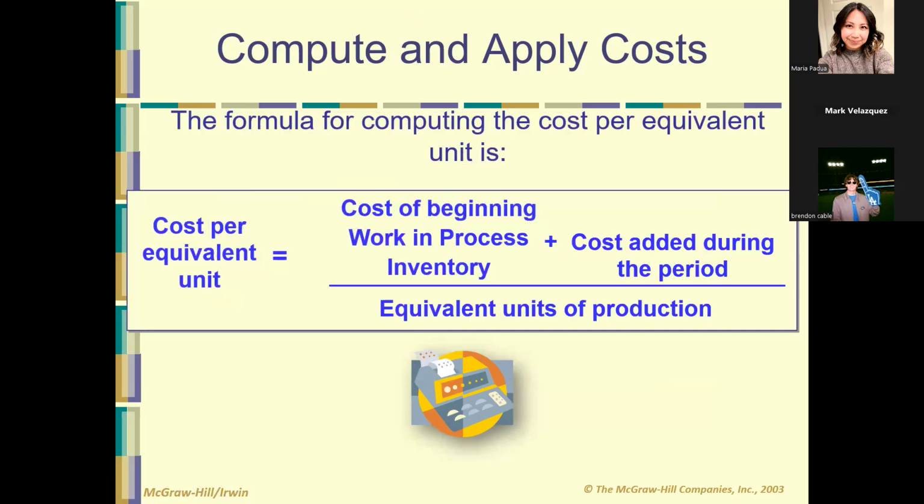The formula for cost per equivalent unit is total cost divided by equivalent units, and equivalent units multiplied by the cost per unit gives the total dollars. Not too tough there, I don't think.